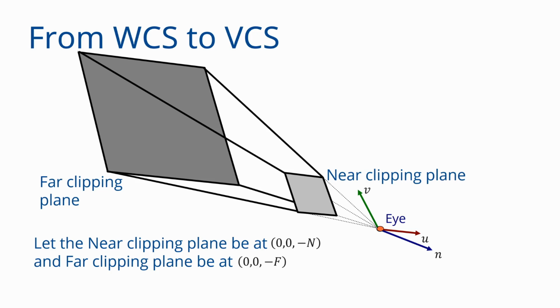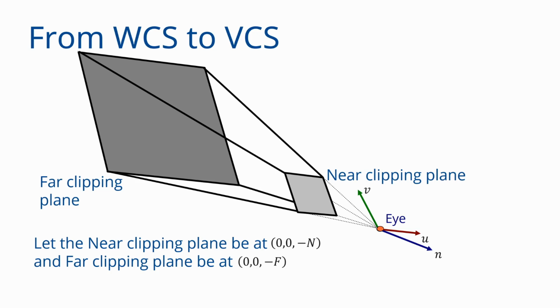Even now we will apply our transformations to the objects, but we will construct these transformations by looking at their effect on the view frustum. The reason we want to do that is because we want to take the general view frustum that we have in VCS to a canonical or standardized view frustum in NDCS.